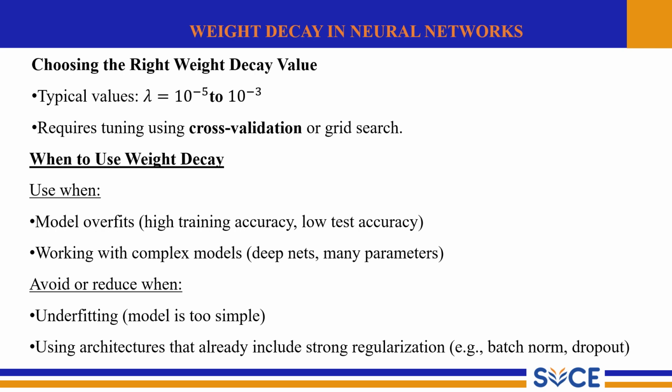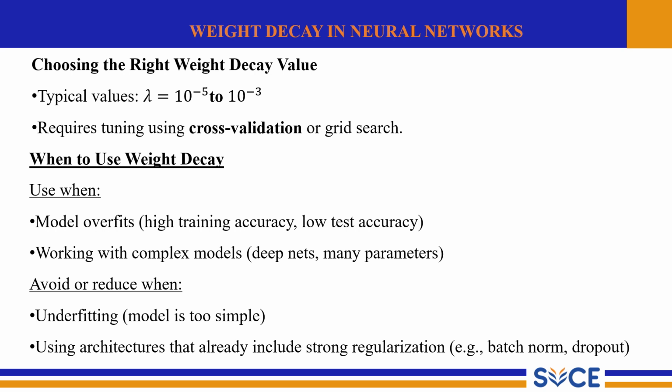The optimal value depends on the dataset, the model architecture, and the task at hand. That's why we rely on methods such as cross validation or grid search. These techniques allow us to systematically test different values of lambda and identify the one that yields the best generalization performance.